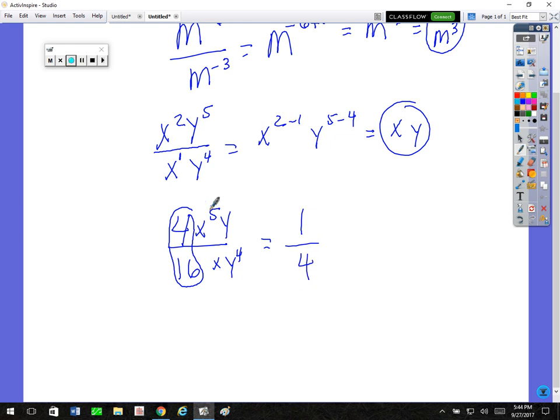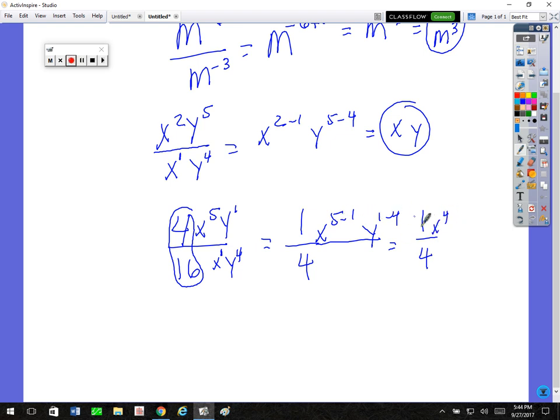Now let's tackle the exponents. So I have x to the fifth, I keep forgetting to put my ghost on it, minus 1, and then y to the first, minus 4. So if I keep going, I have 1 over 4, x to the fourth, because 5 minus 1 is 4.